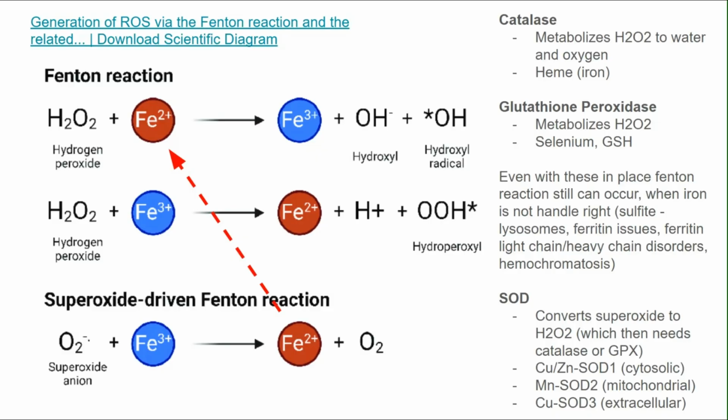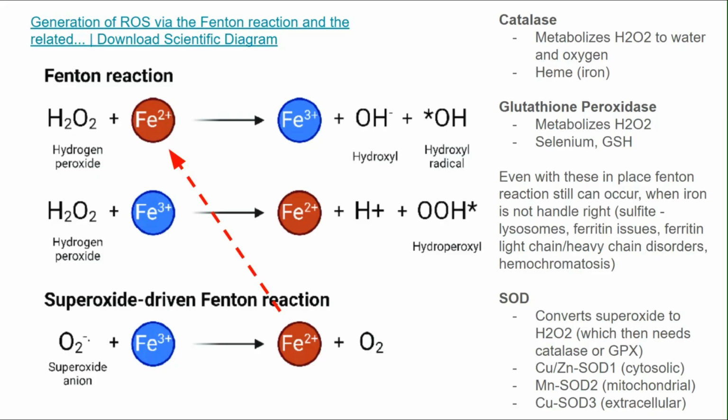So avoiding very, very high dose vitamin D supplements would be helpful. And then if you have ferritin light chain or heavy chain disorders, that could contribute to this because it means you're not binding iron very well in cells. And then hemochromatosis would obviously be an issue too, because that's a state of iron overload.